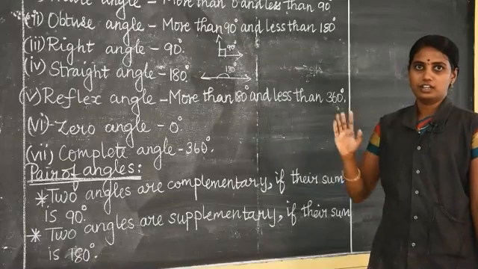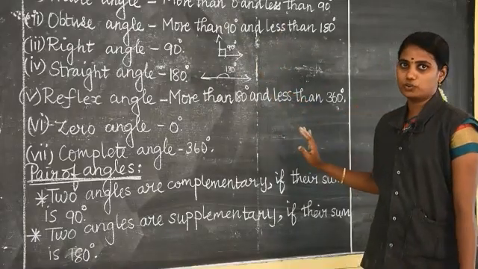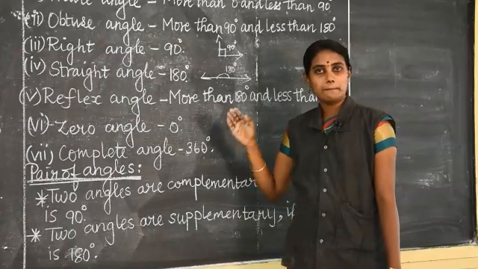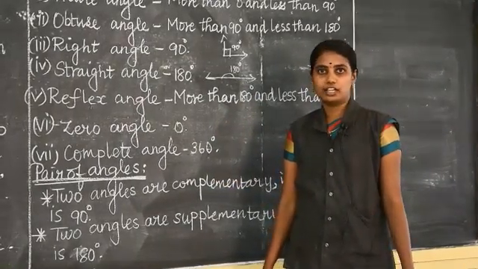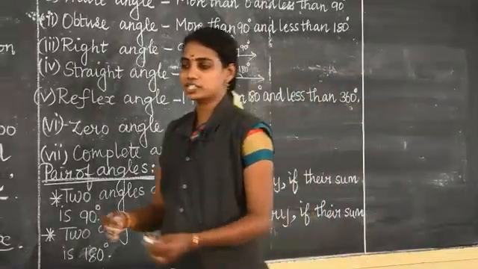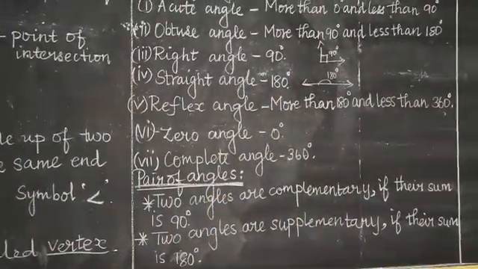Okay, clear everyone? Lines and angles are over. It's very important. Based on this only, we are going to see exercise 4.1. Shall we go for the exercise? Take your book, everyone.